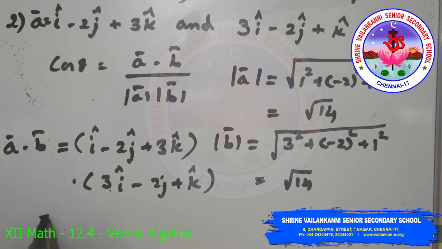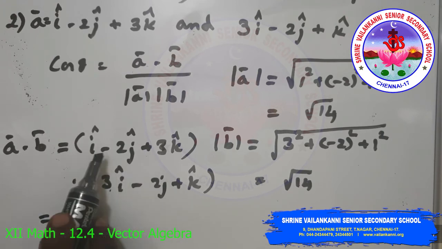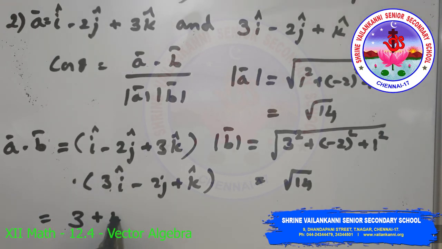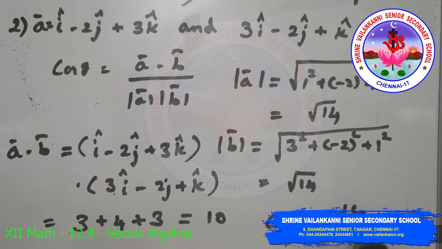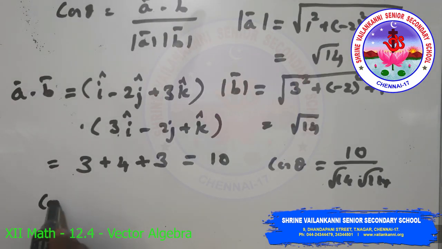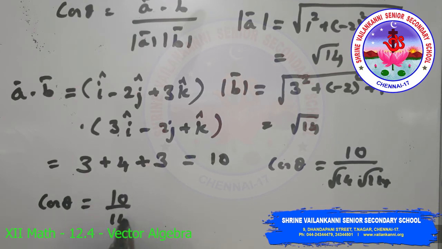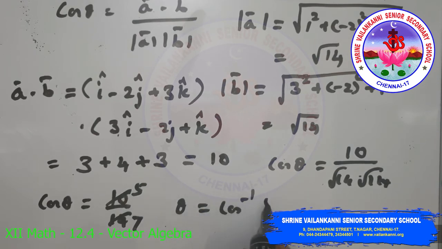So 1 into 3 is 3, minus 2 into minus 2 is plus 4, plus 3 into 1 is 3, which is equal to 10. So cos theta equal to A dot B by magnitude of A into B, which is 10 by root 14 into root 14. Cos theta equal to 10 by 14, so 5 by 7. Theta equal to cos inverse of 5 by 7.